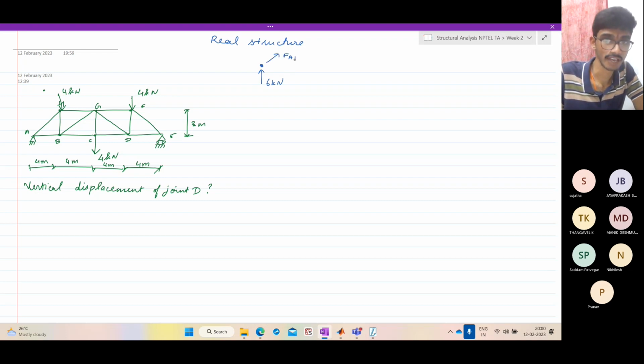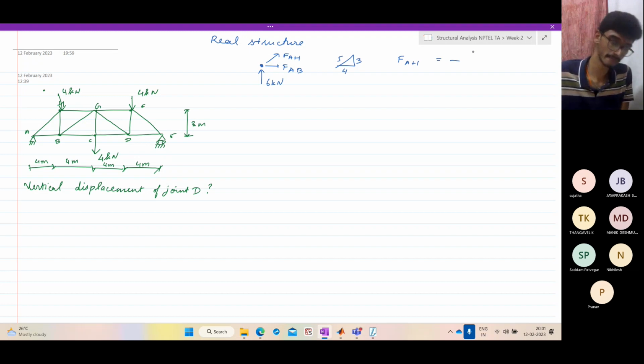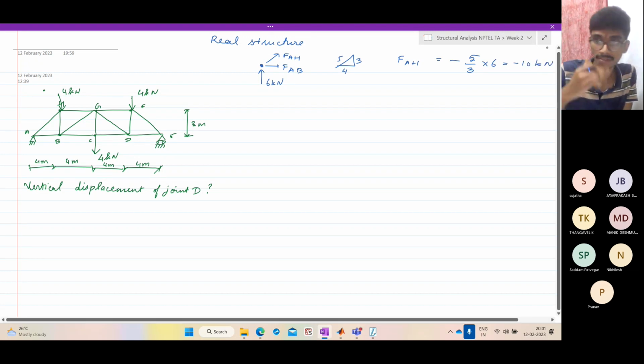You have FAH, FAB, and this is a 3x4 triangle. So FAH, let me do it directly. You know the details. So it is minus 5/3 times 6, which is minus 10 kilonewtons.